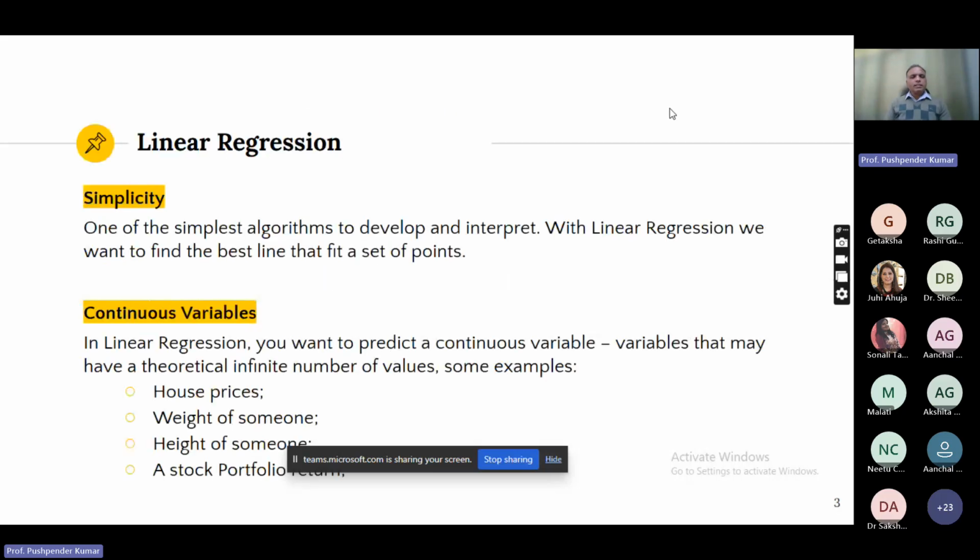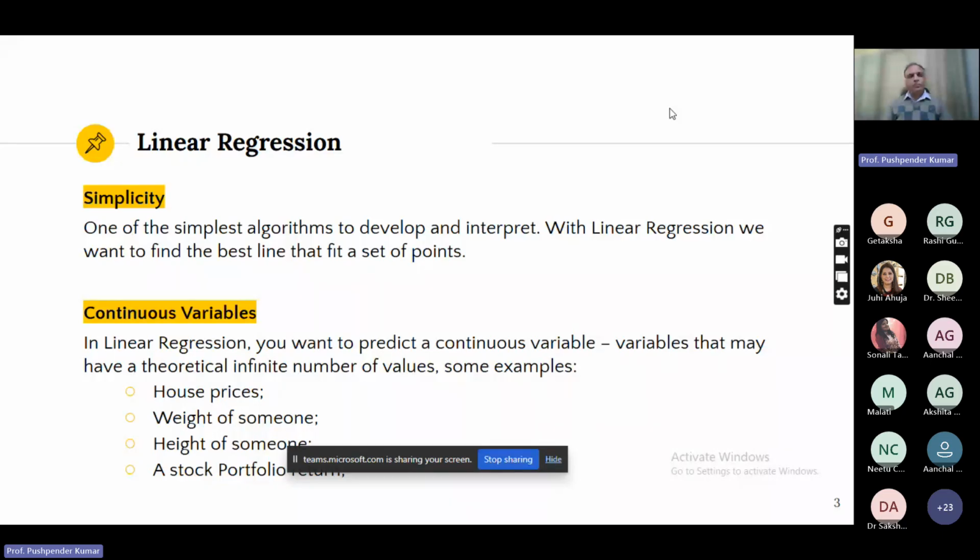I hope you understand the relationship between two or more than two variables. How does house price, or weight of someone, height of someone, stock portfolio, these all are numerical values.